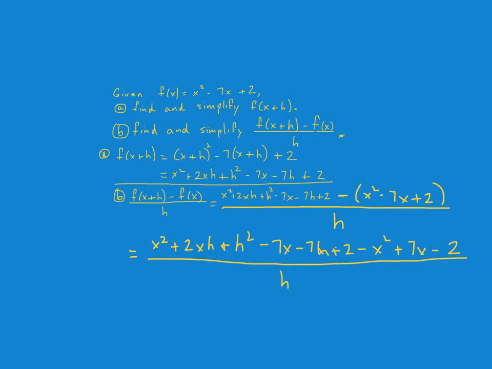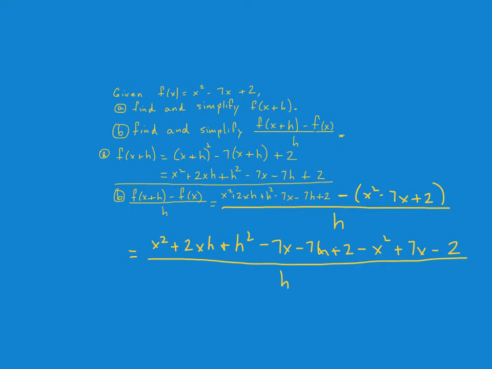Now, what is going to happen here every single time you do one of these, now it may take more than one step to do it on more complicated problems, but it will always happen if you have done this correctly that at some point along the way, every term that does not contain the letter h will cancel out.